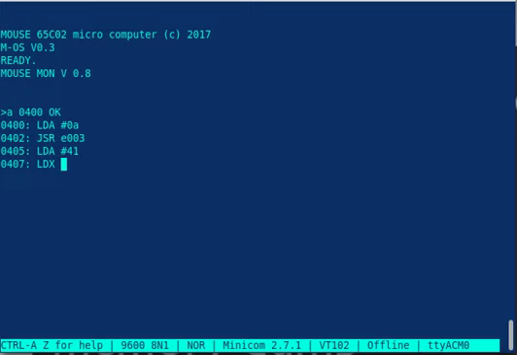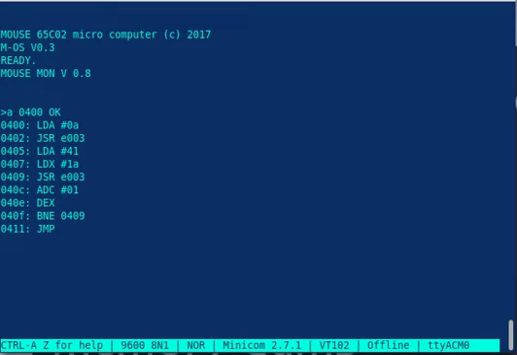LDX. JSR E003. ADC. Hash 01. DEX. That's the one I didn't know what it meant, wasn't it? BNE. Branch not equal. 0409.